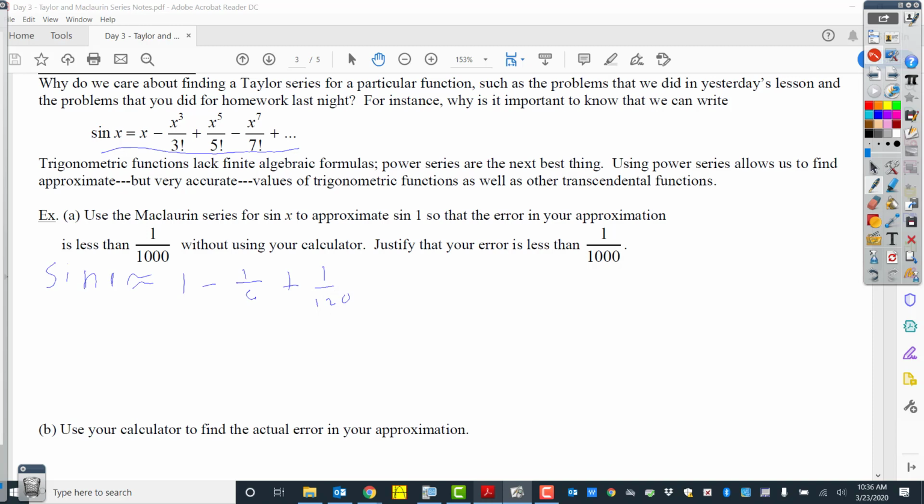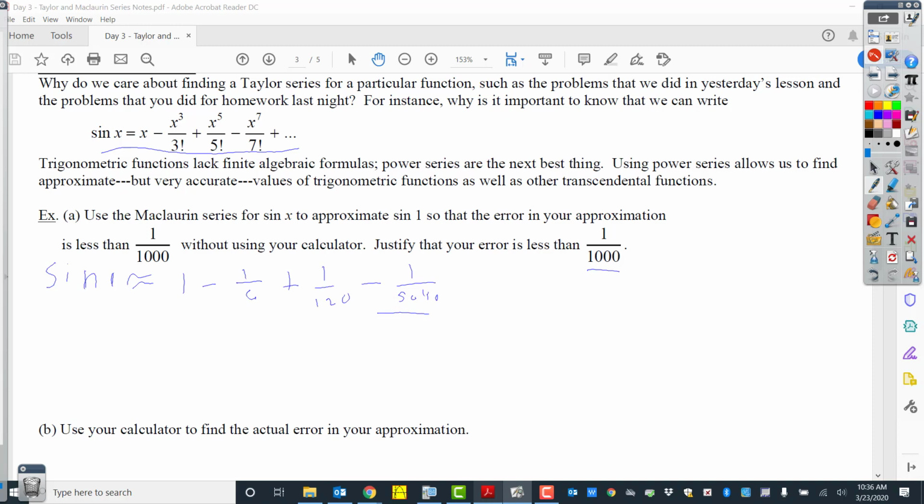See, that term is still bigger than 1 over 1,000, so that's not going to work. Minus 1 over 7 factorial. This is going to be the tough one. This is 120 times 6 times 7. So this ends up giving us 5,040, which means this term is less than 1 over 1,000.